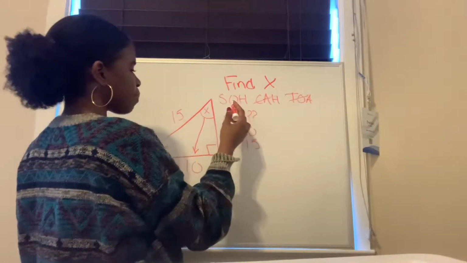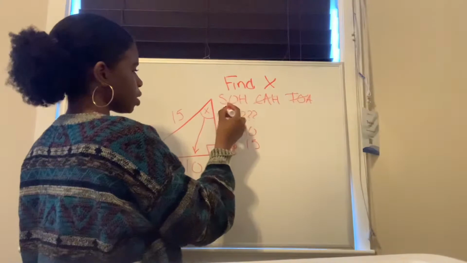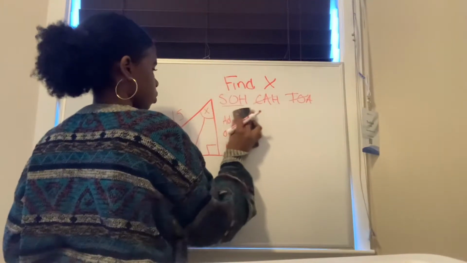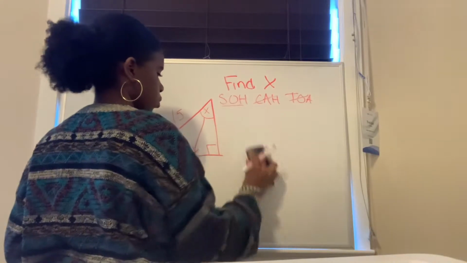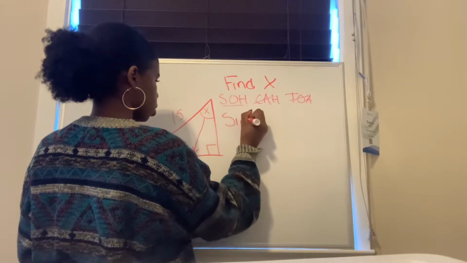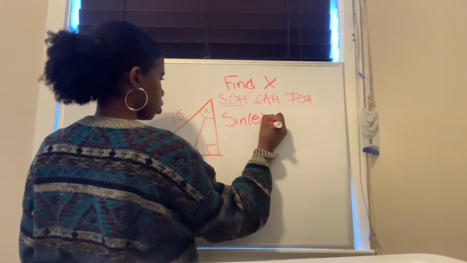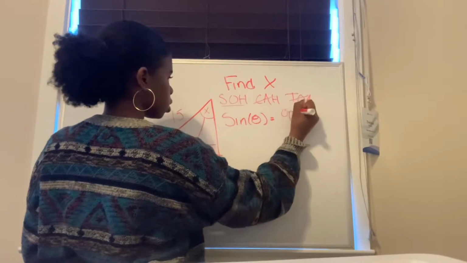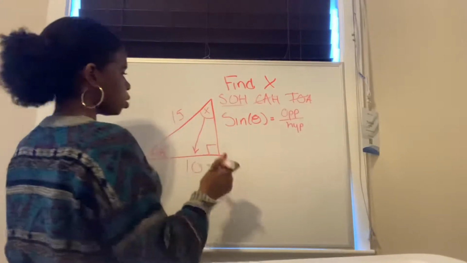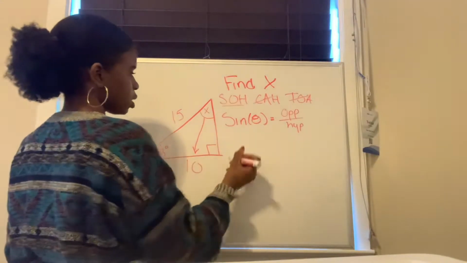We do have the opposite and the hypotenuse. So we'll use this. Okay, so again, it stands for sine opposite over hypotenuse. The opposite side of x is 10.